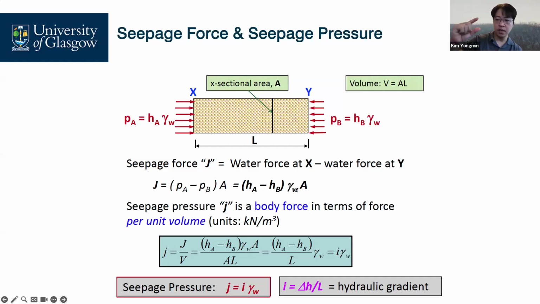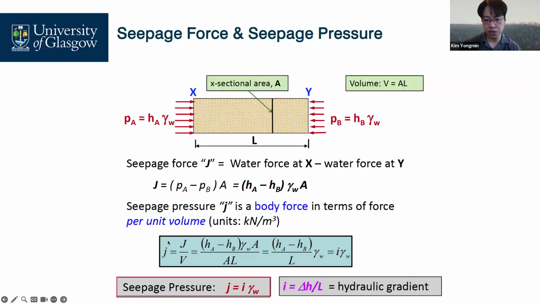We know the pressure head times water unit weight times A is the seepage force. So this seepage force divided by volume is the body force, in terms of force per unit volume.